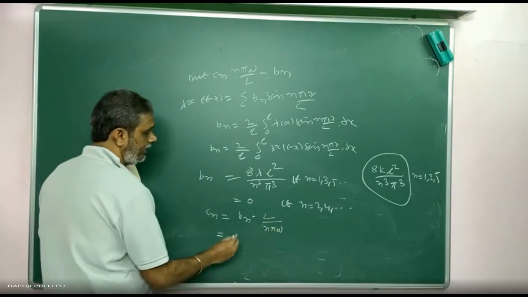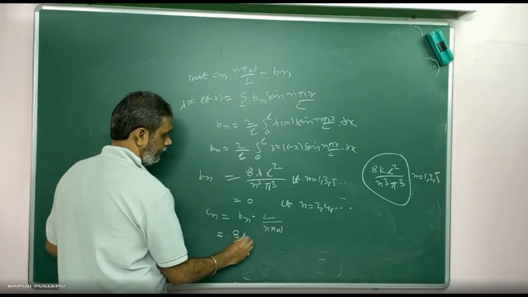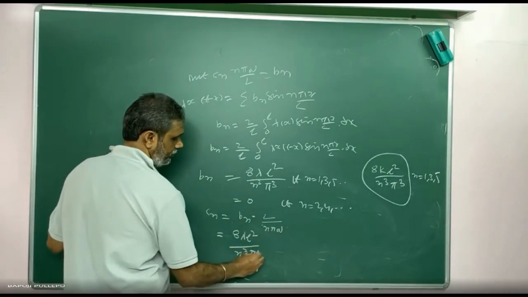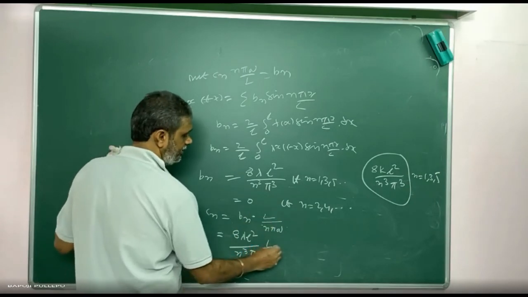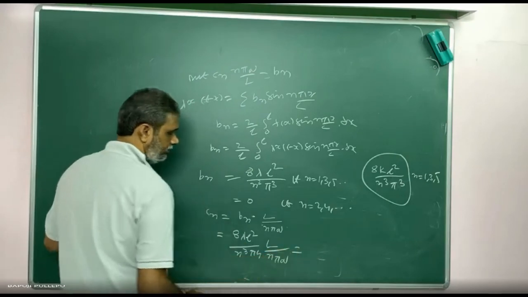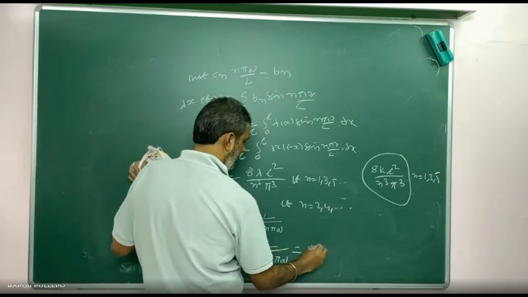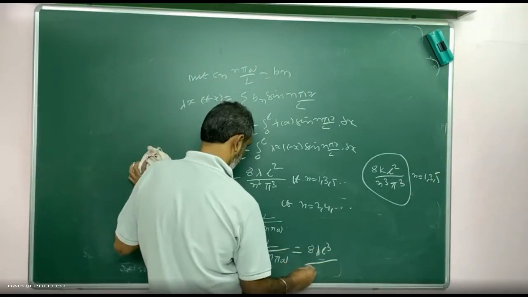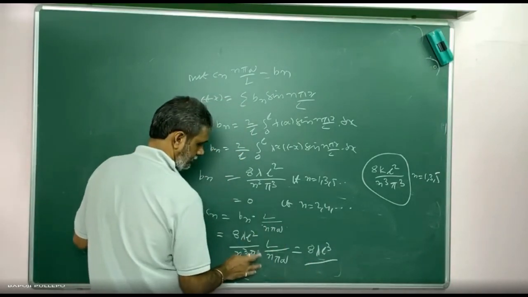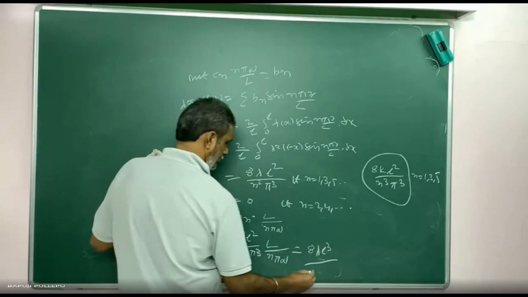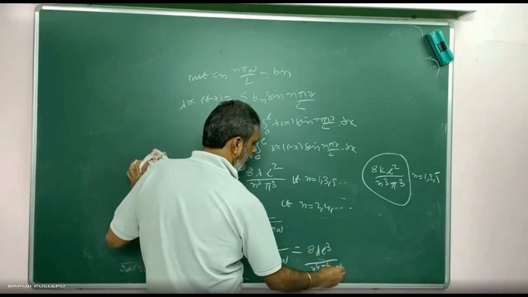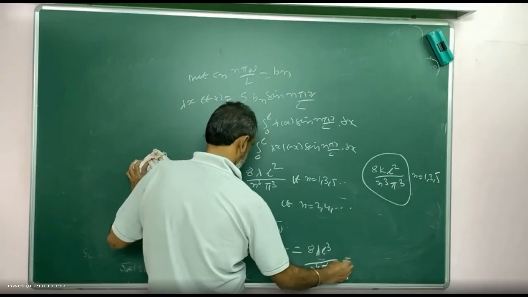Now who is my Bn? This term only will come extra. Previously the whole story is the same. So this is equal to 8 lambda L cube by n power 4 pi power 4 a. This is equal to Cn.